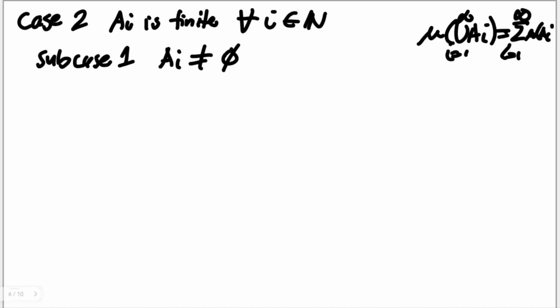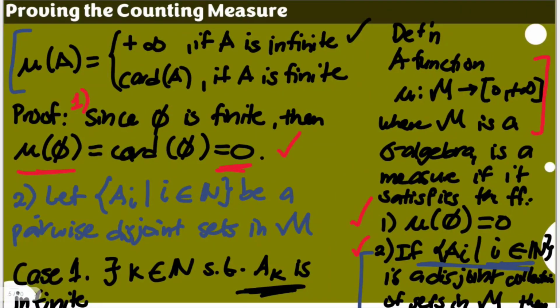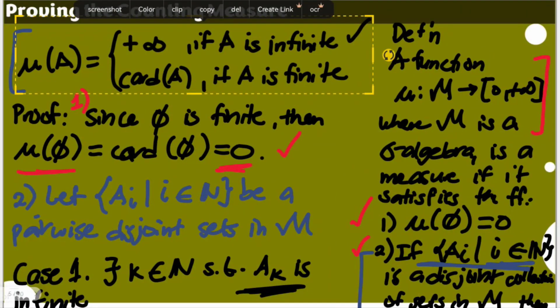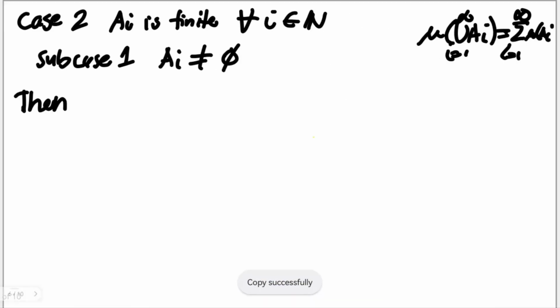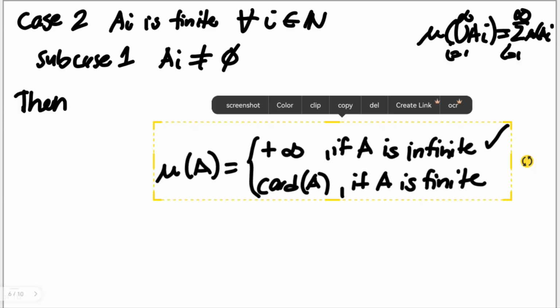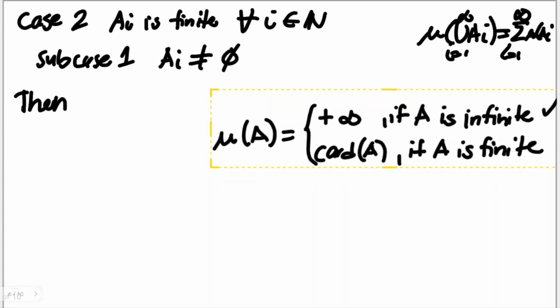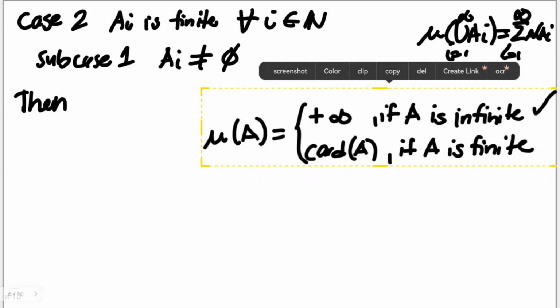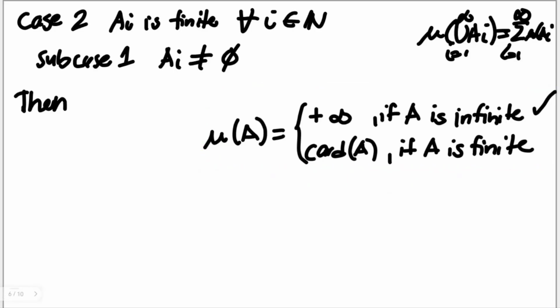Since it's finite, take note, this is the definition, and of course we'll be using this definition for counting measure. This should be the goal. So again, the first one is satisfied already for the situations for infinity, but of course we're going to look into the finite a sub i's.